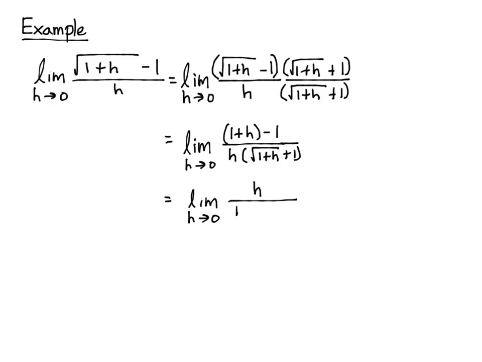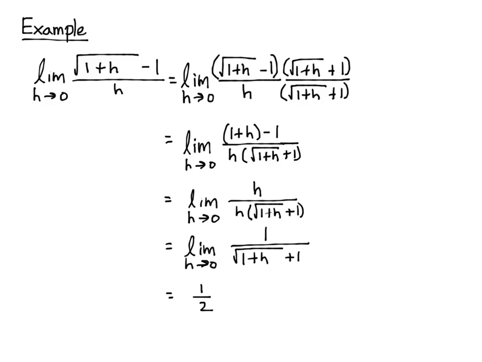All right, so if I then simplify this a little bit more, I subtract the 1 from the 1, and I get h over h times the square root of 1 plus h plus 1. And then this, of course, simplifies into 1 over that radical.